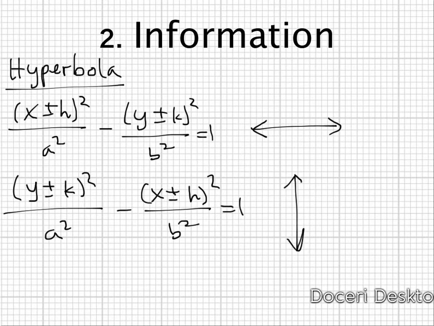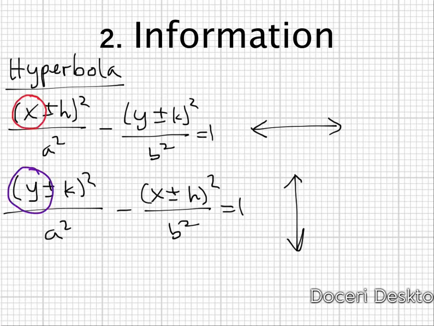The key thing to remember for a hyperbola is whichever value is positive, that's the direction it's going. Here my x value is positive, and for up and down, my y value is positive. So it's really easy to find out which direction we're facing.